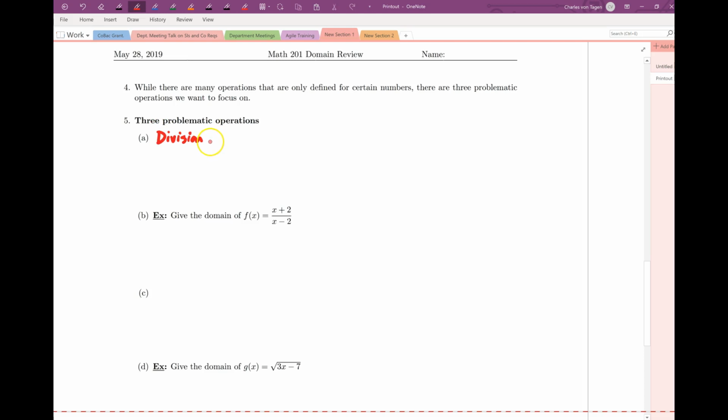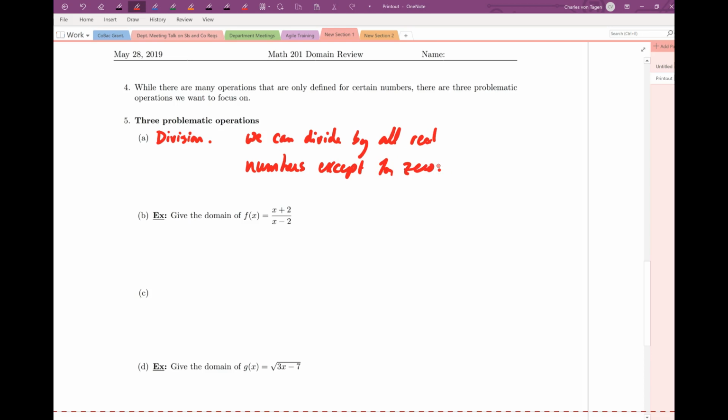Specifically, we can divide by all real numbers except for 0.